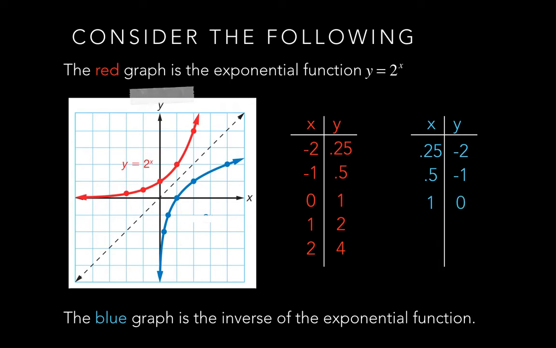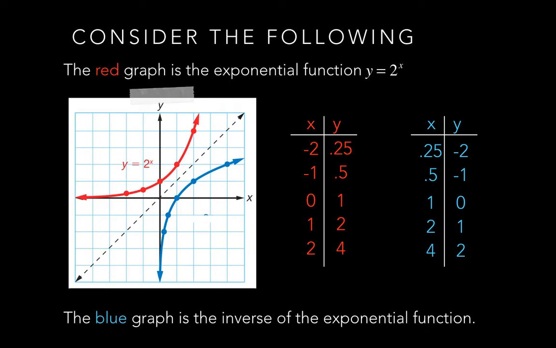At 1, it's 0. At 2, it's 1. And at 4, the output is 2. You can see side by side how we have interchanged, we've flipped the x and y. We've switched those values. Their graphs are symmetrical across that line.